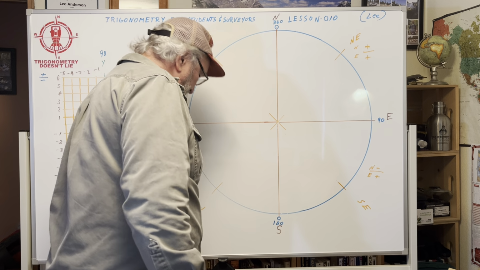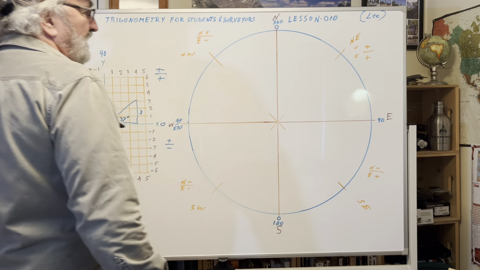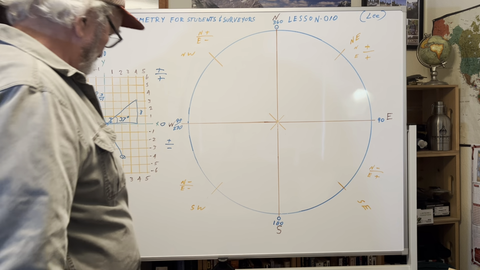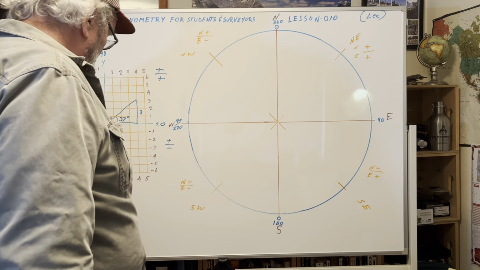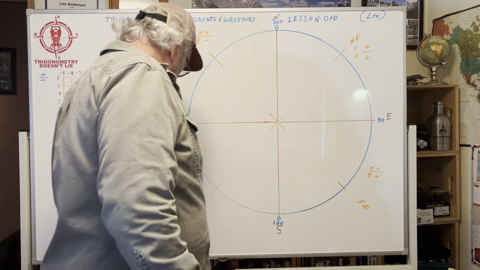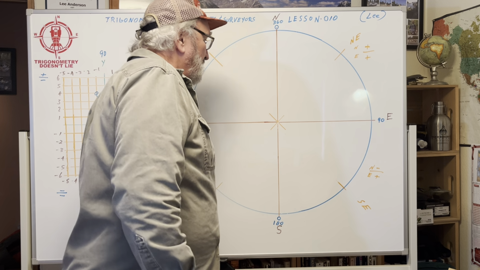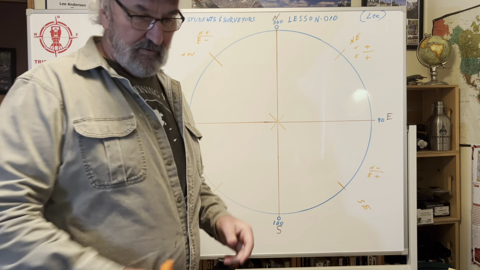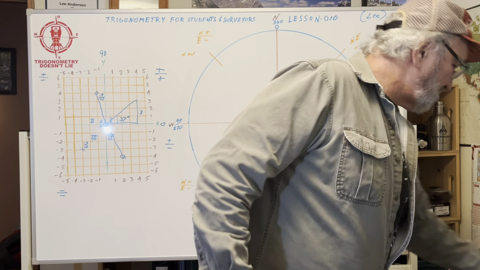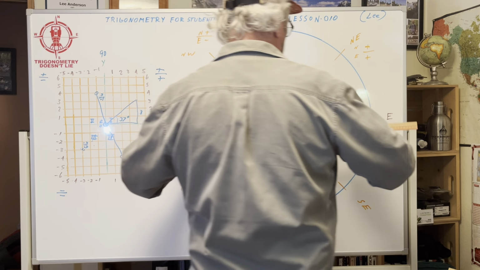Now, the reason for that, so now wait, let's superimpose a 3, 4, 5 triangle on this one. Let's just do that. We'll pretend we have one right here. We'll just do it like this.